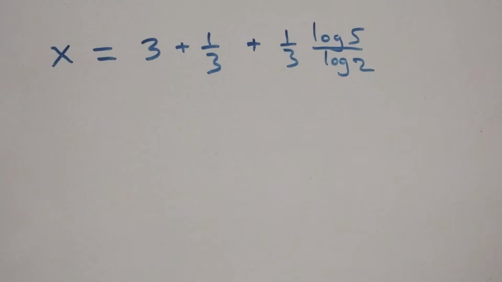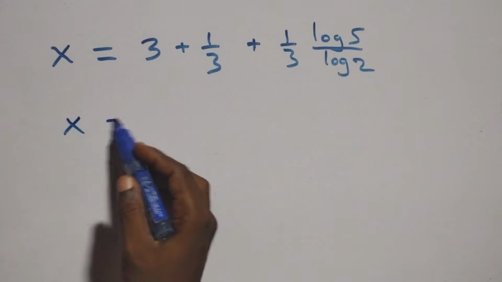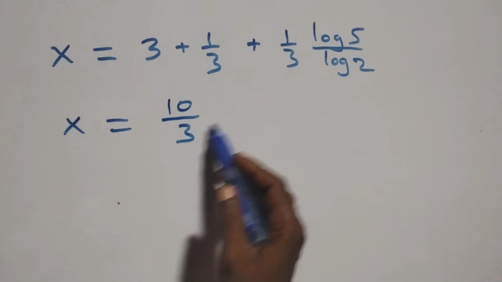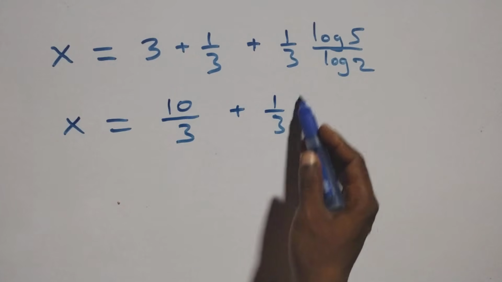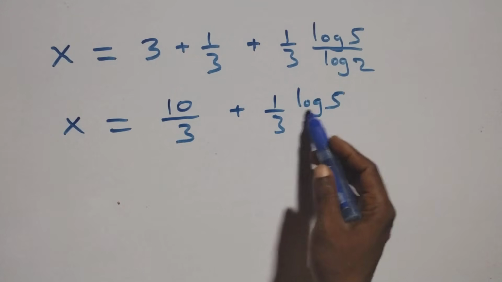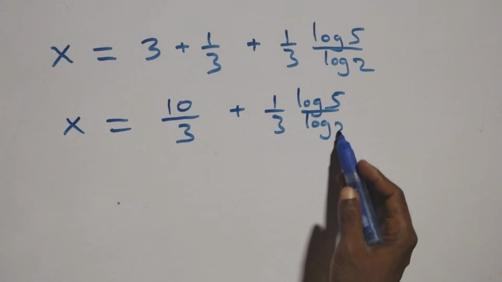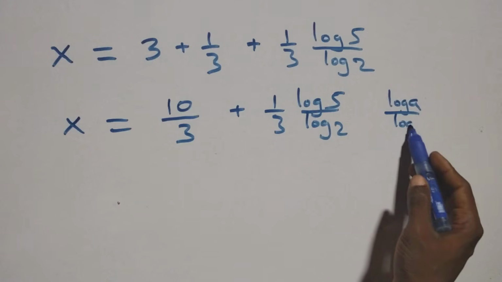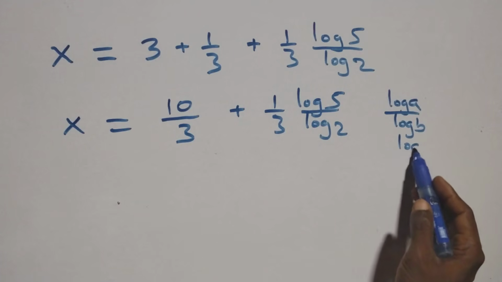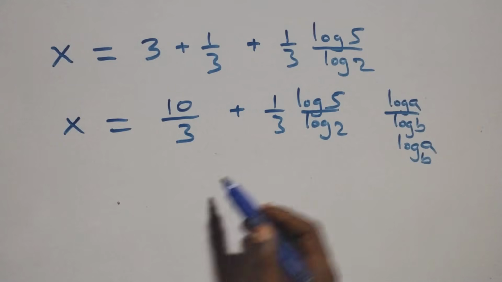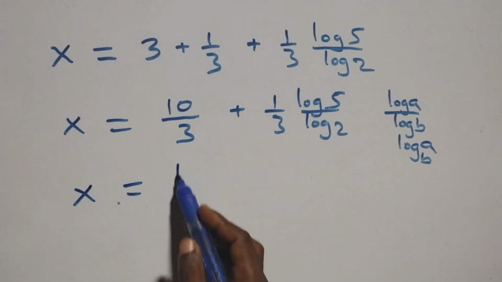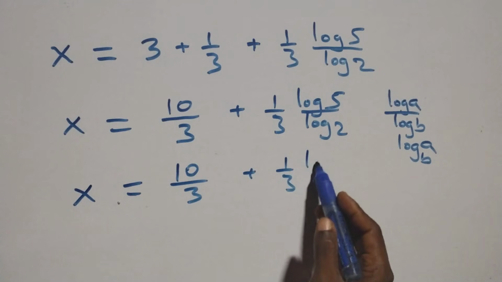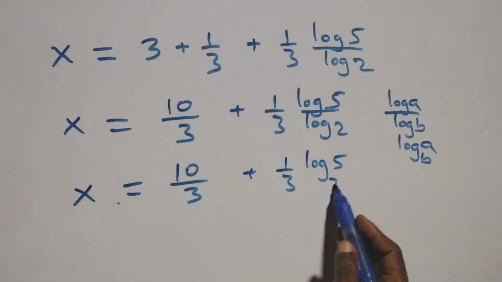Then next step here, we have x equals 3 plus 1 over 3, which we can write as 10 over 3, and plus 1 over 3 log 5 over log 2. Then when we apply change of base, when we have log a over log b, which is the same thing as log a to base b, we have x equals 10 over 3 plus 1 over 3 log 5 base 2.